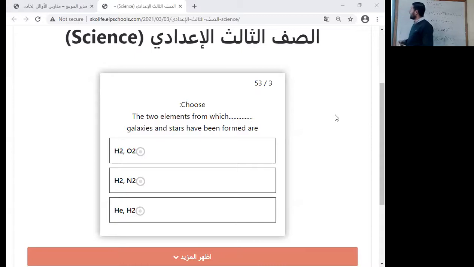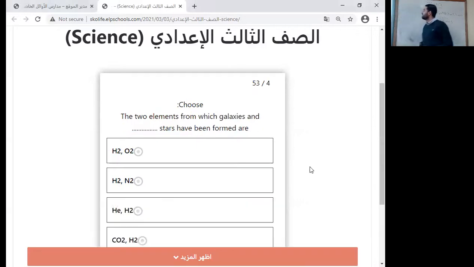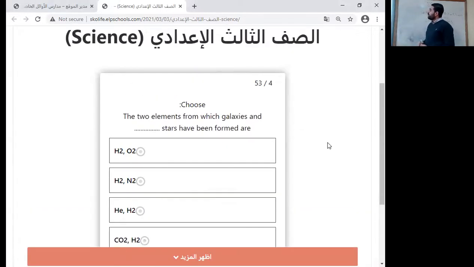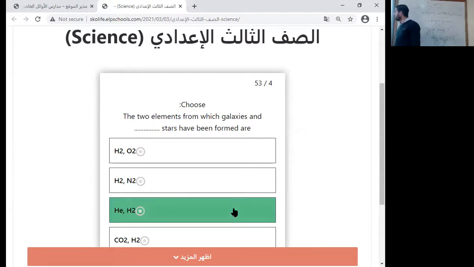Let's look at our answer: hydrogen, oxygen; hydrogen, nitrogen; hydrogen and helium. So the answer is the last one. The two elements from which galaxies and stars have been formed are hydrogen and helium.